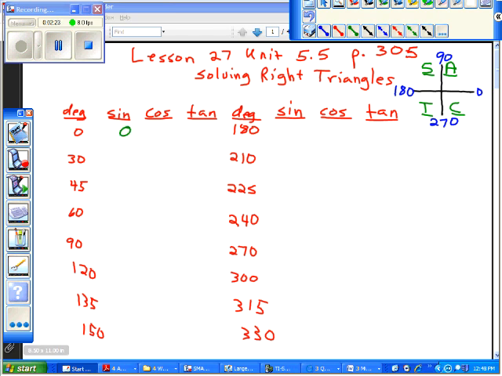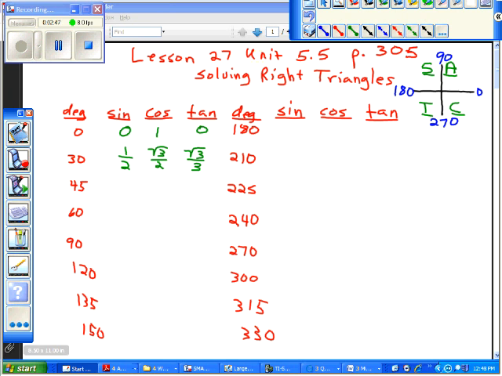The cosine of 0 is 1, and the tangent of 0 is 0. That's just flat memory work. You just need to know that forever. The sine of 30 is 1/2. The cosine of 30 is square root 3 over 2. And the tangent of 30 is square root 3 over 3.